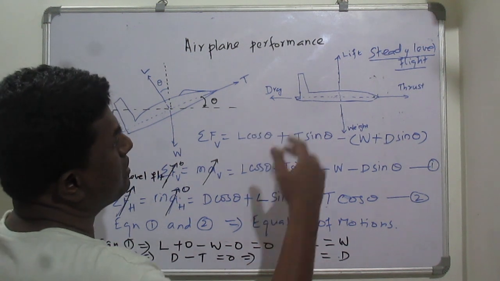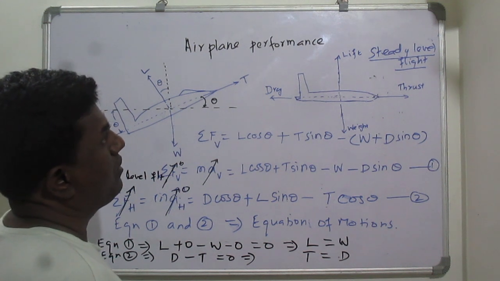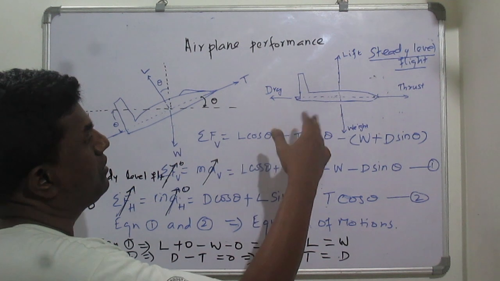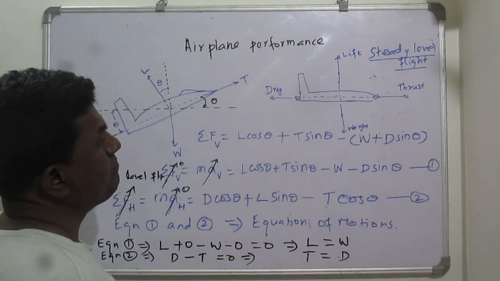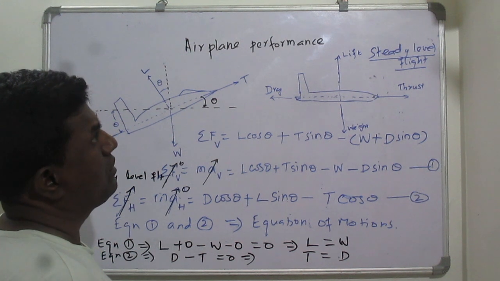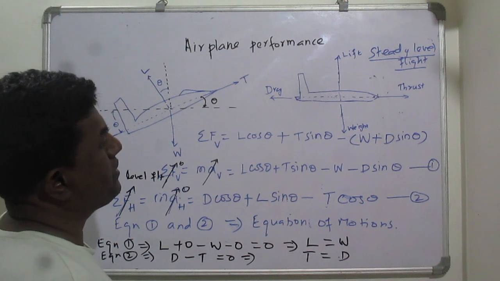Since it is in motion, it will continue as long as it is not undergoing any maneuvering, or any kind of acceleration. That is how the steady level flight works.